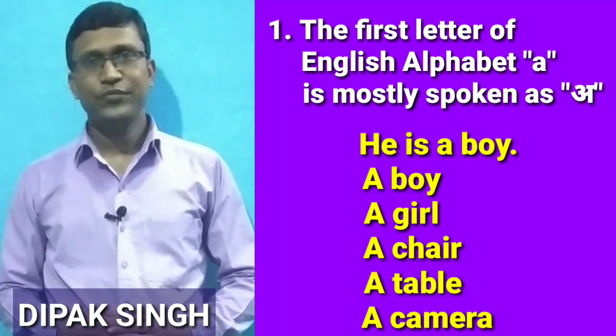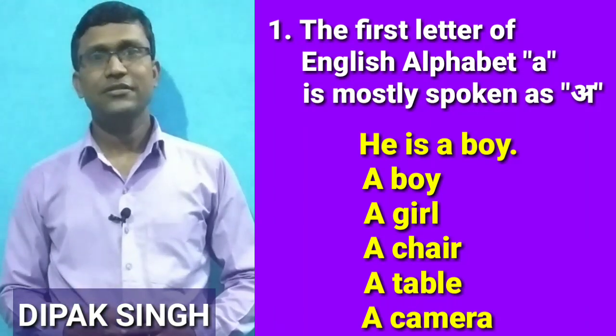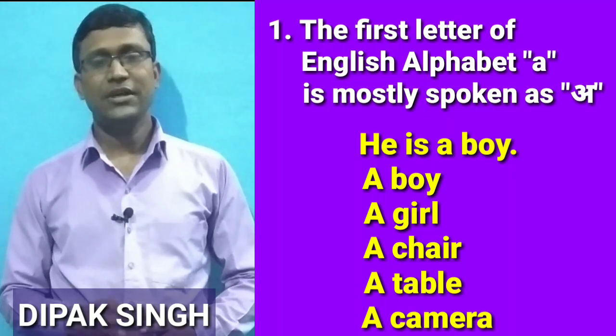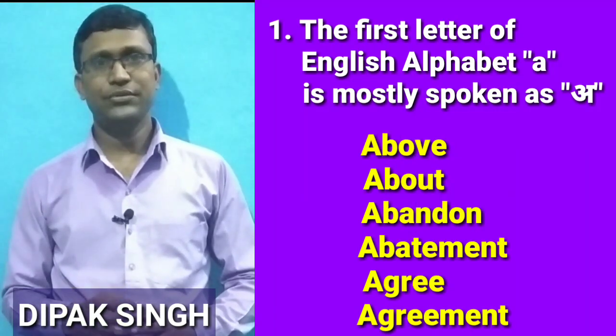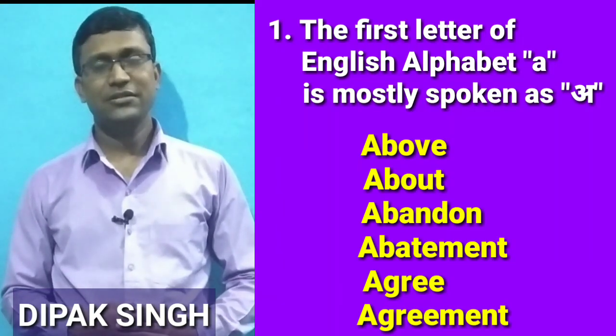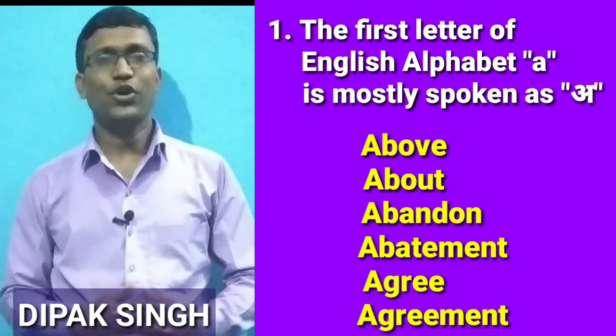For example, he is a boy, a girl, a chair, a table, a camera, above, about, abandon, abatement, agree, agreement, and so on.